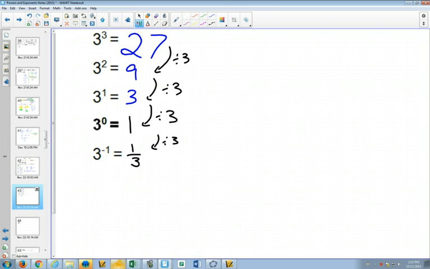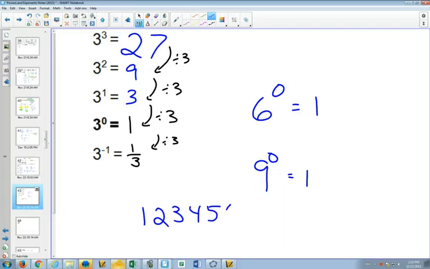It's always 1. Anything to the power 0 is 1. 9 to the power 0 is 1. 1,234,567 to the power 0 is 1.